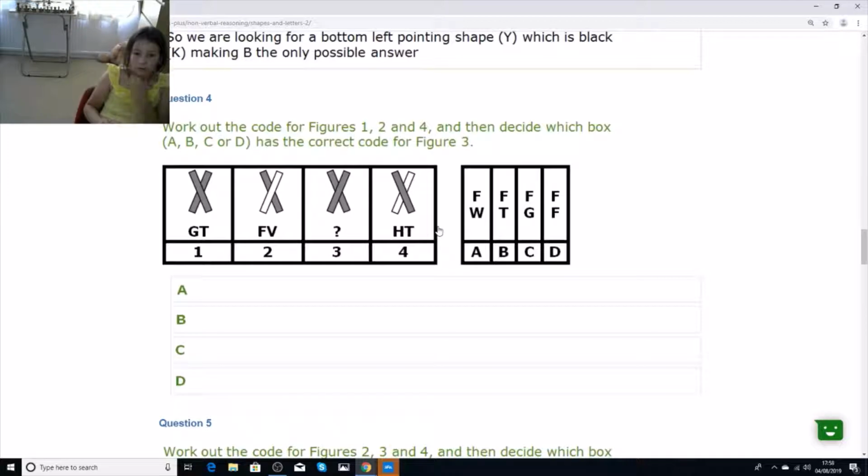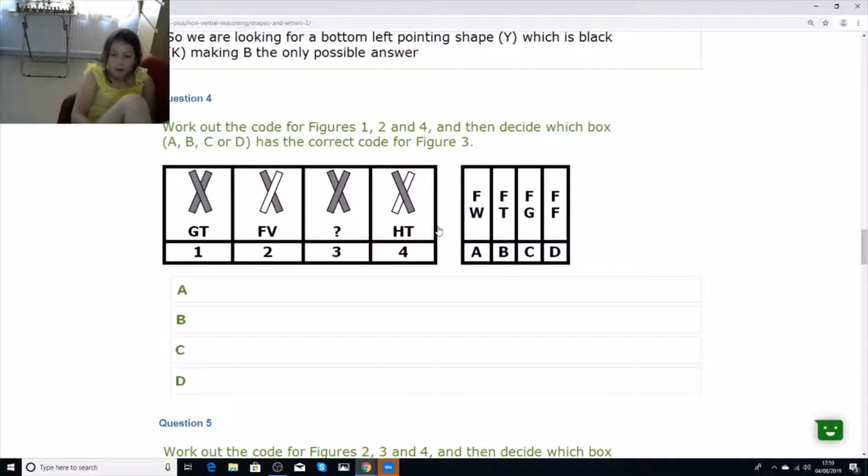So, yeah. Now, the last letter, T and T, 1 and 4 both share. That's because the line on the left is in front of the line on the right. However, this is not the case in 2 and 3.